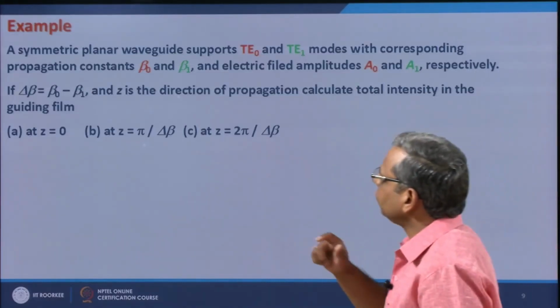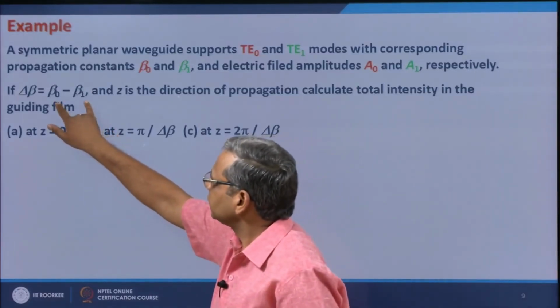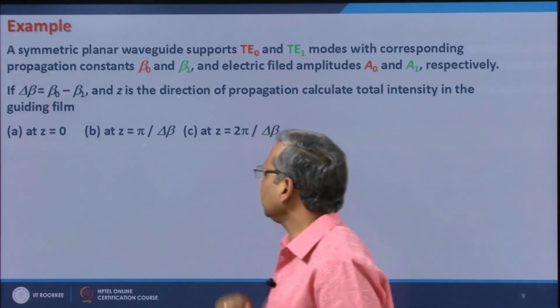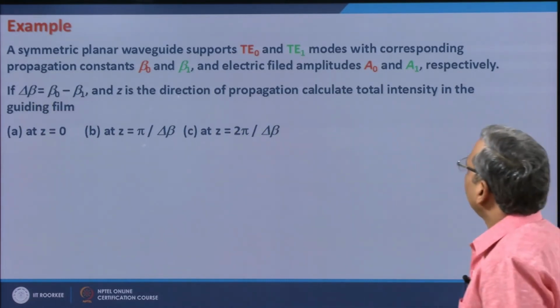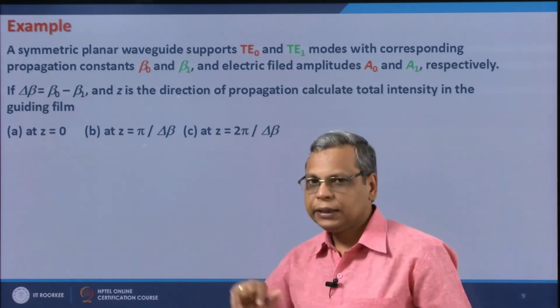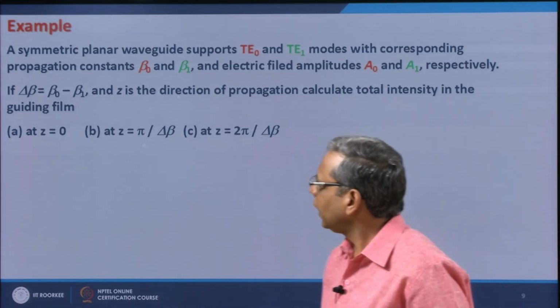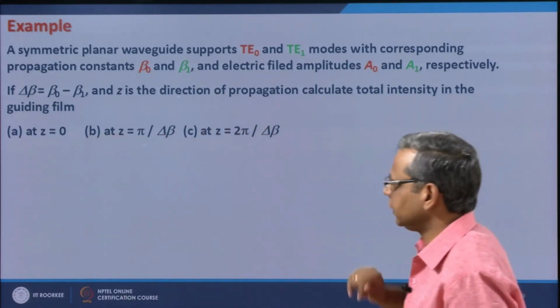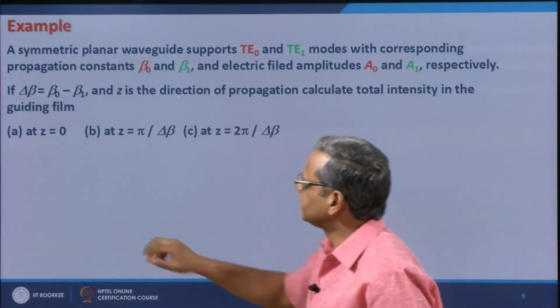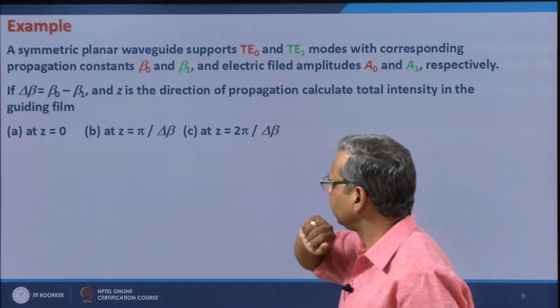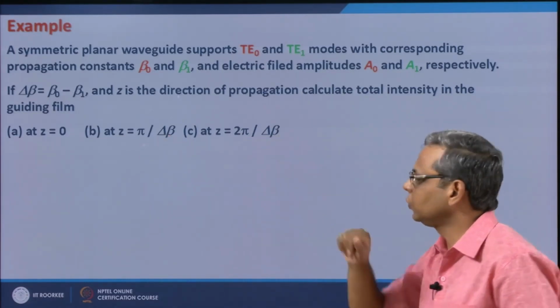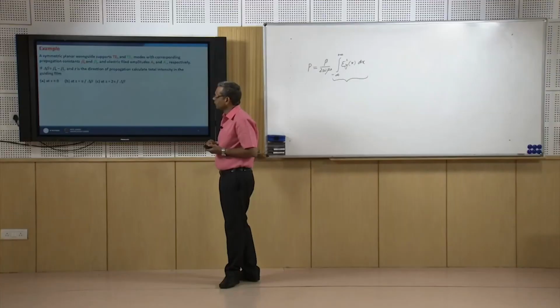If the difference in their propagation constants is defined by delta beta and z is the direction of propagation, then what would be the total intensity in the guiding film at different values of z? First at z equal to 0, second at z equal to pi over delta beta, and third at z equal to 2 pi over delta beta.